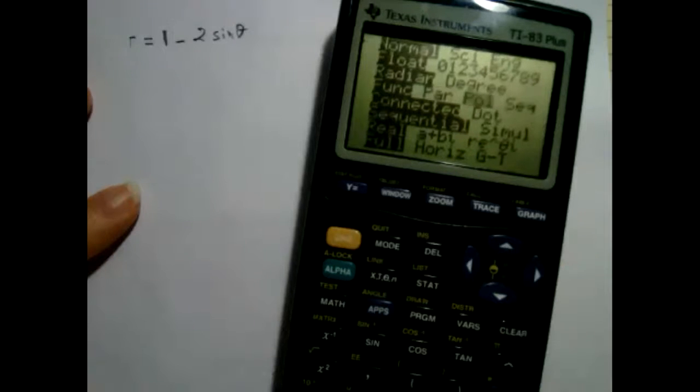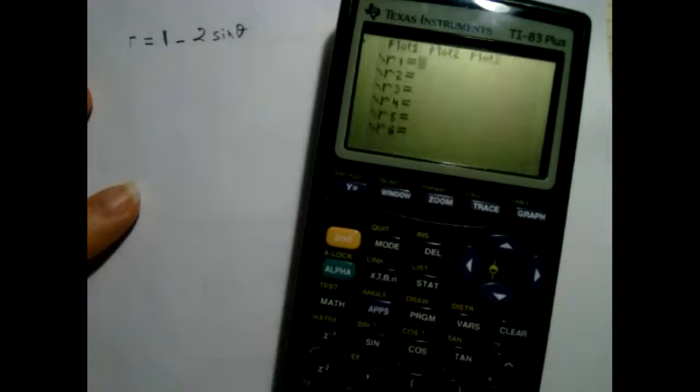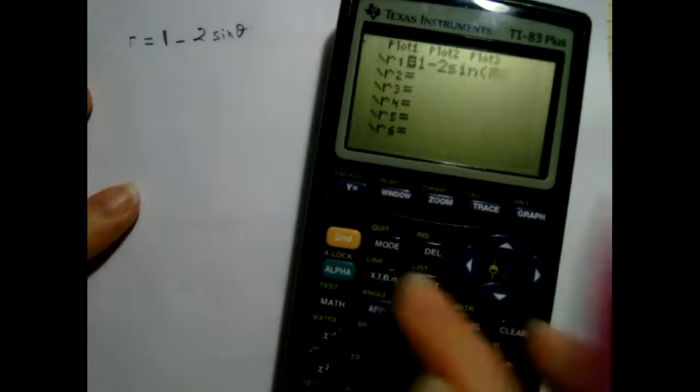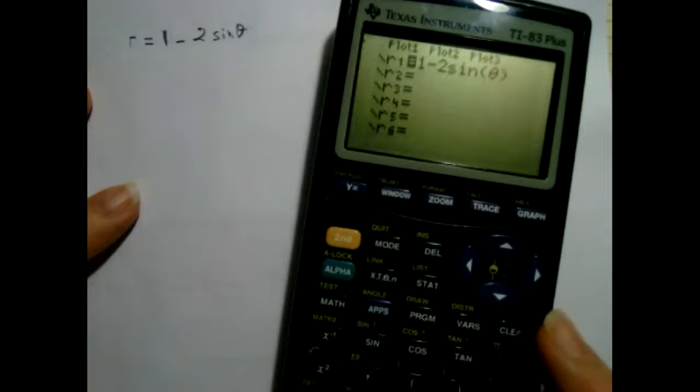If you want to graph in polar, you move it to polar. And then it does all the graphs for you. So you enter it and then you do the same thing. You put r equal, let's say, 1 minus 2 sine theta, and then it will graph it for you.